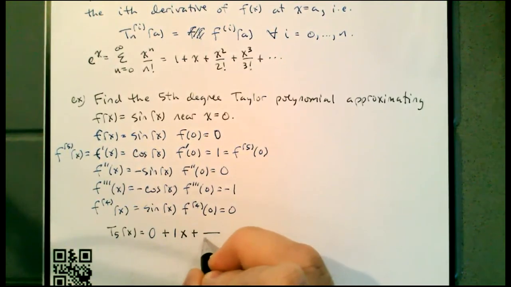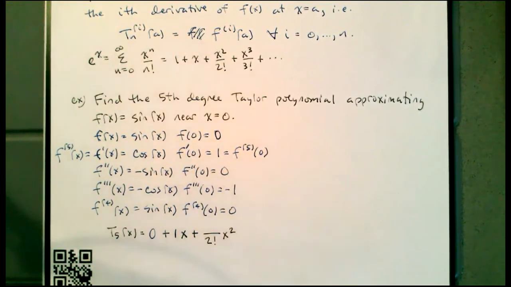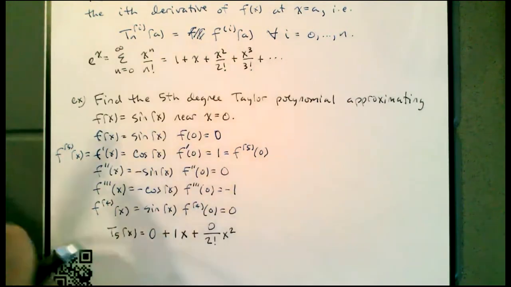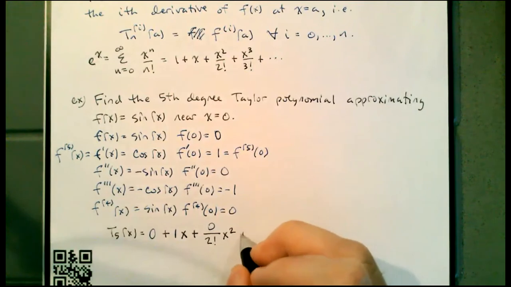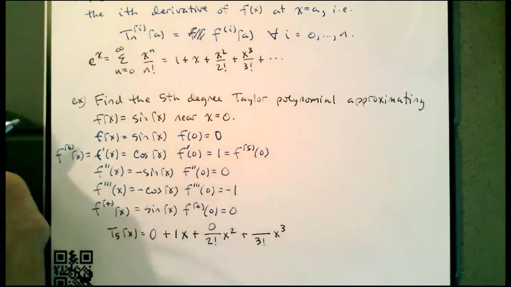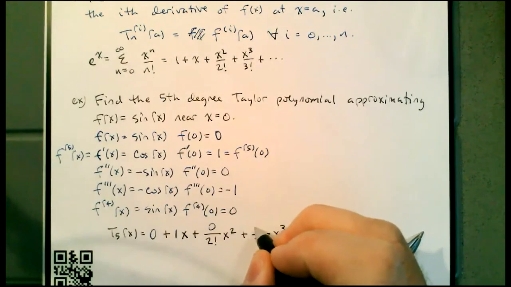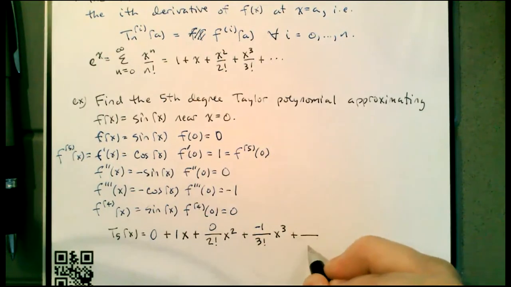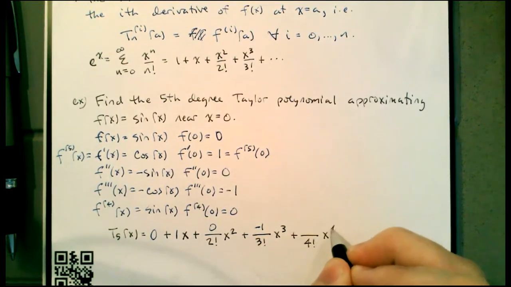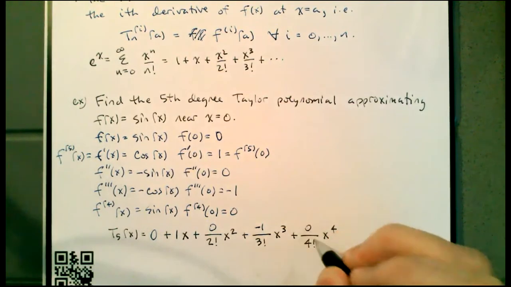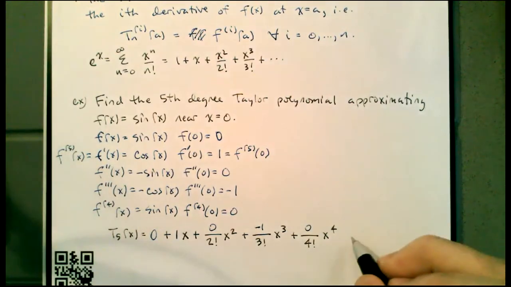plus f double prime at 0 divided by 2 factorial. F double prime is going to be 0. So 0 over 2 factorial x squared plus f triple prime over 3 factorial x cubed. F triple prime is negative 1, plus the fourth derivative at 0 over 4 factorial x to the fourth.